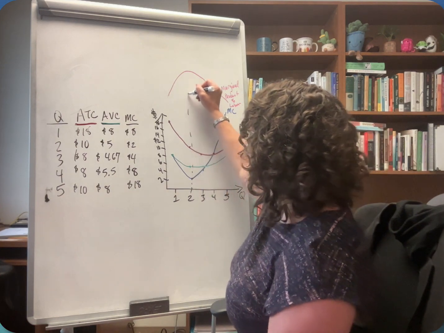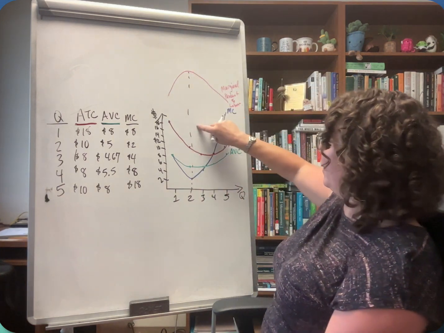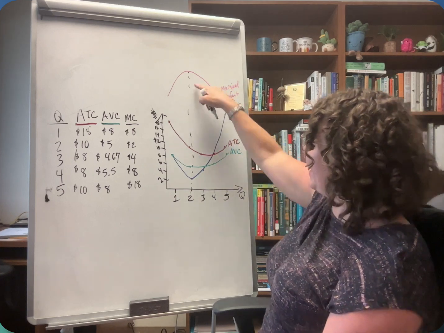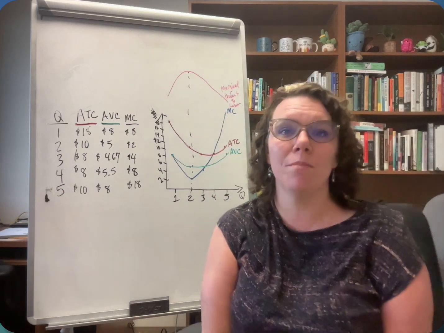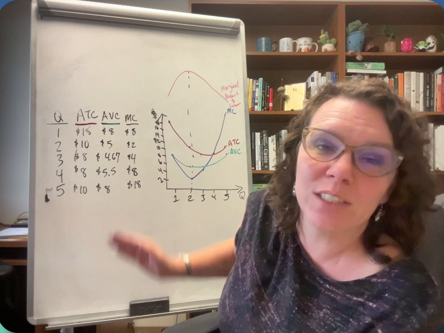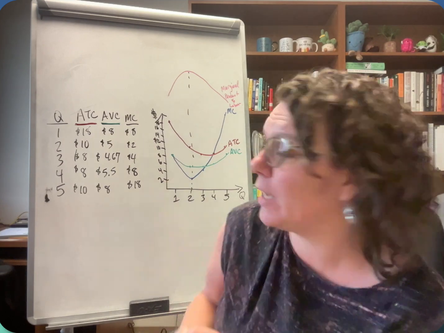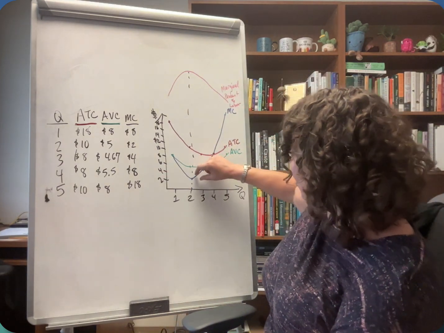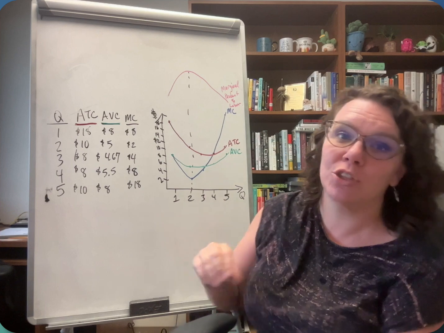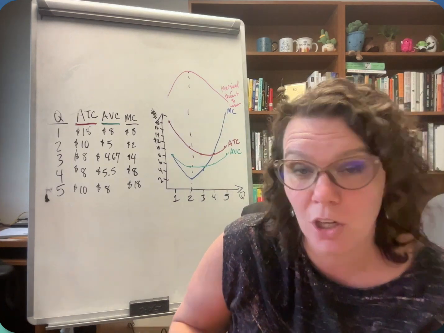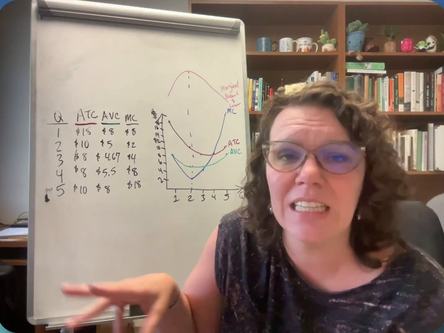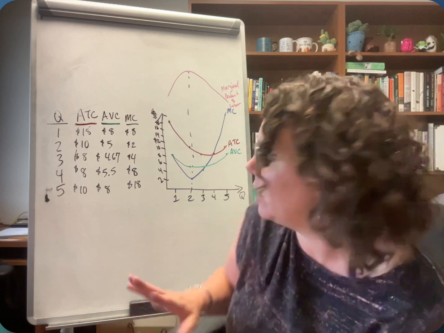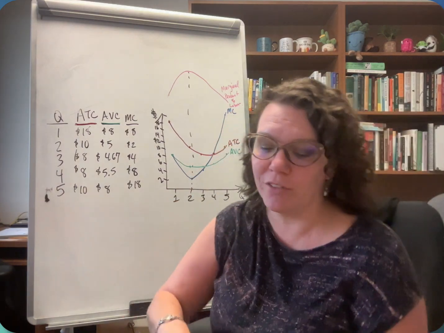So we're going to expect marginal product of labor to peak at the same point where marginal costs are minimized. And then after that is where the diminishing marginal product of labor sets in and the cost of producing another unit starts to really rise. Each worker costs the same amount, but is producing less and less and less. So that's where we see that marginal cost curve come from.